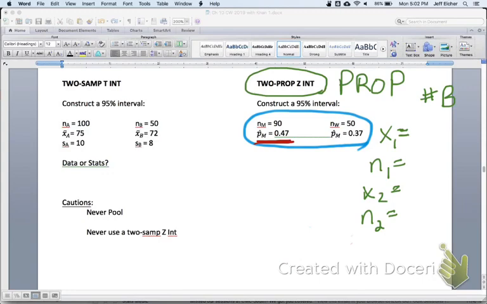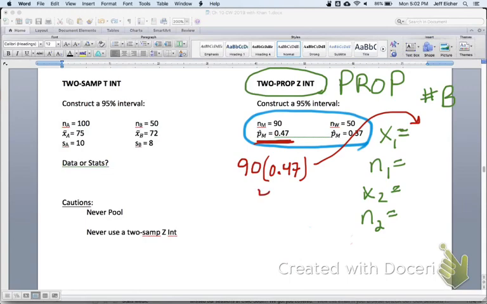M is for men. So we need how many men responded favorably to the survey. Well, we would take our 90 times 0.47. And you can actually type that right in here.